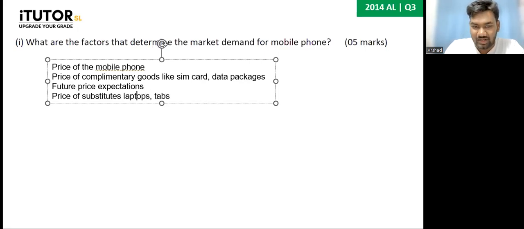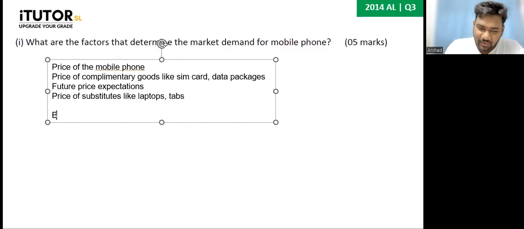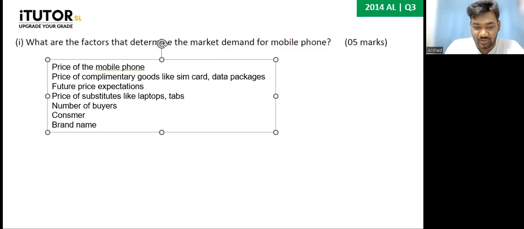Okay. What else? Okay, you can give brand name also, but not a main point. But yeah, never mind. Brand name. This goes under other factors. Yes, number of buyers. Consumer taste. Okay. So consumer taste and preferences. Remember, something like the iPhone, high brand name, right?